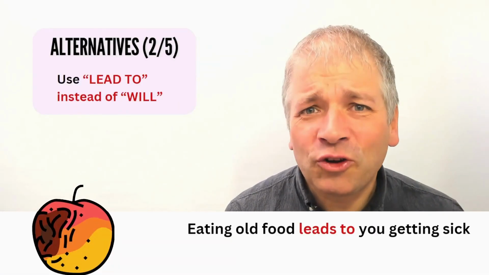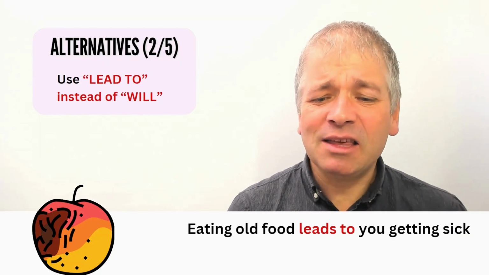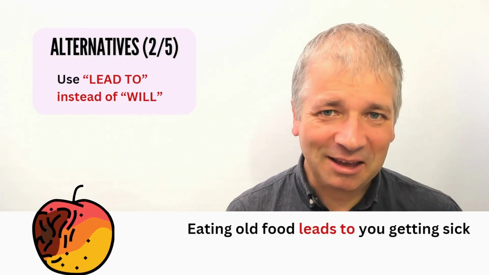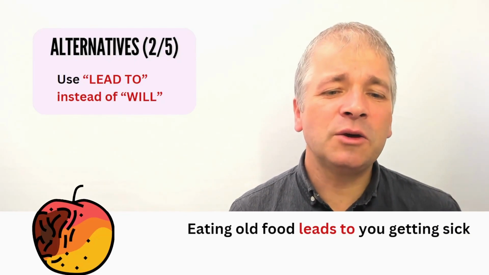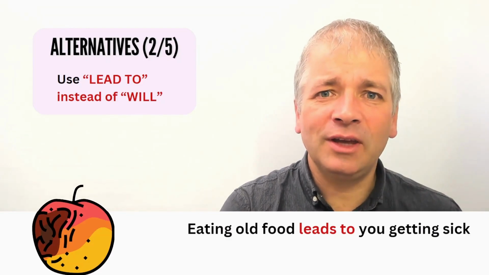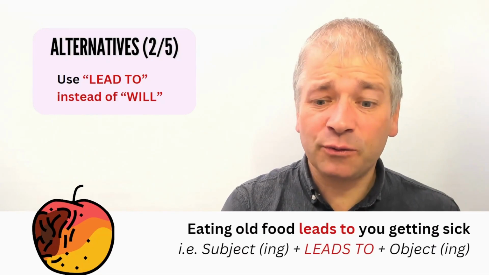But we want more alternatives, don't we? And here's a second one. Eating old food leads to you getting sick. Here, instead of will, we use leads to. And again, we don't need the if part here. So here again, we have the subject with the ing form.